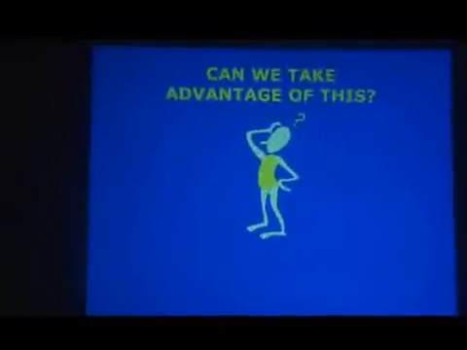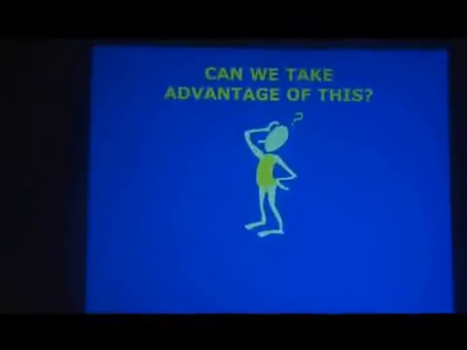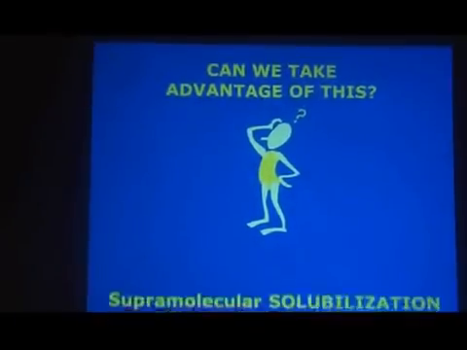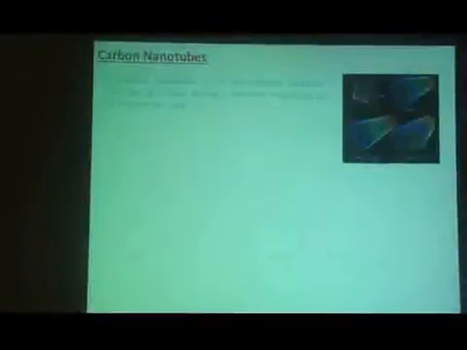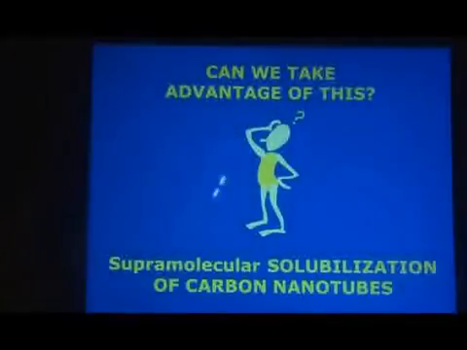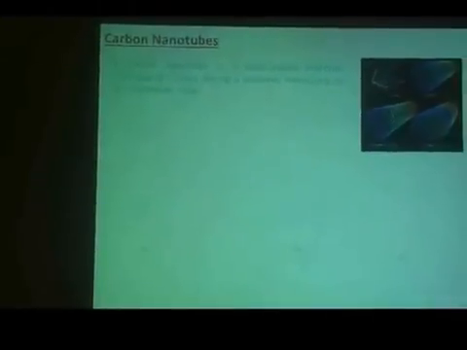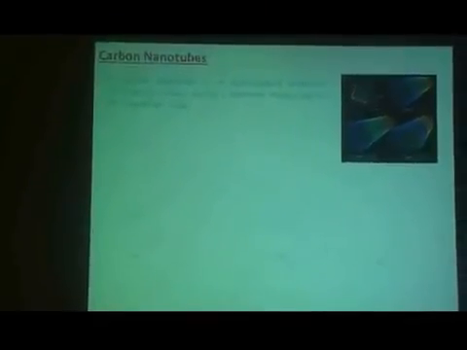So what we thought next was whether we will be able to take advantage of this one for any further application. One of the applications that we thought was, can we use it for the solubilization of carbon nanotube? You know carbon nanotube. Carbon nanotube is a very interesting molecule, like fullerene.